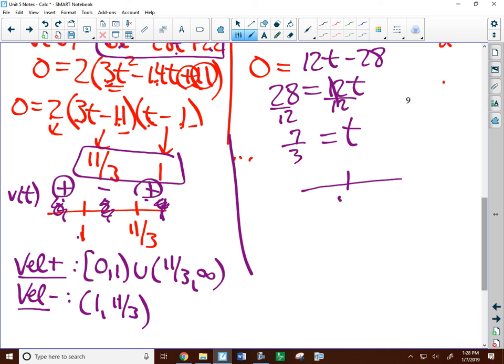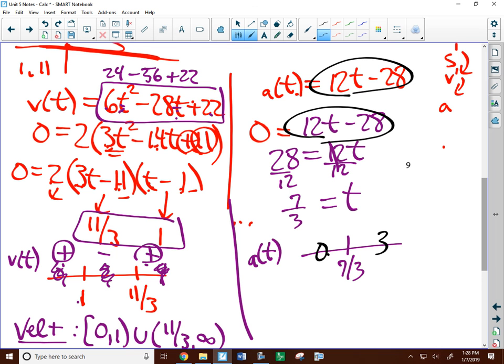But to see that, we'll make a number line. And since we're working with acceleration, I'll try some test values on the left and right of 7 thirds and plug them in. Let's see, 7 thirds is 2 and 1/3. Let's do 0 and 3. Here's my acceleration, 12t minus 28. Plug in 0.